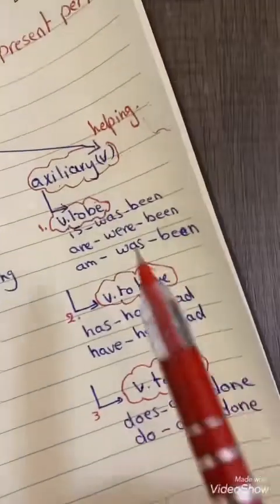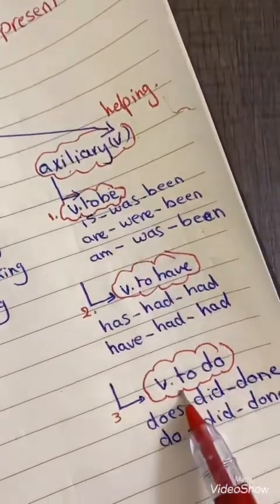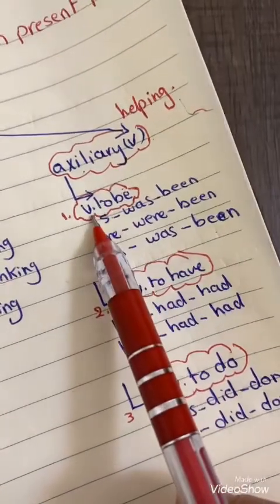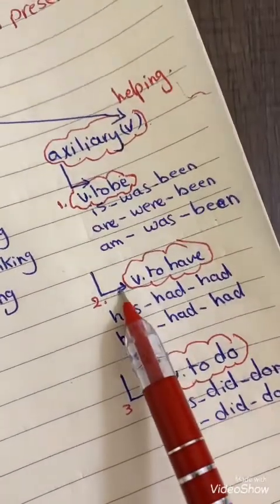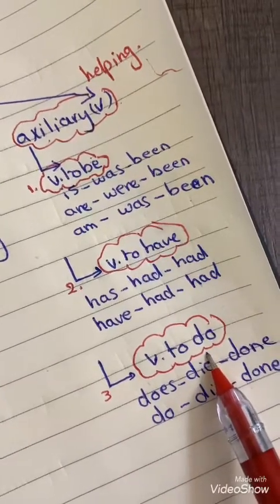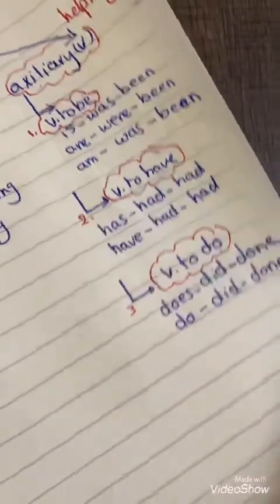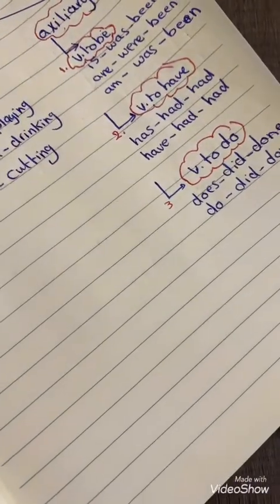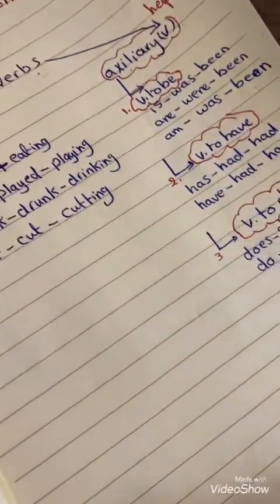But the auxiliary verbs have three parts. The first one is the verb to be, the second one is the verb to have, the third one is the verb to do.